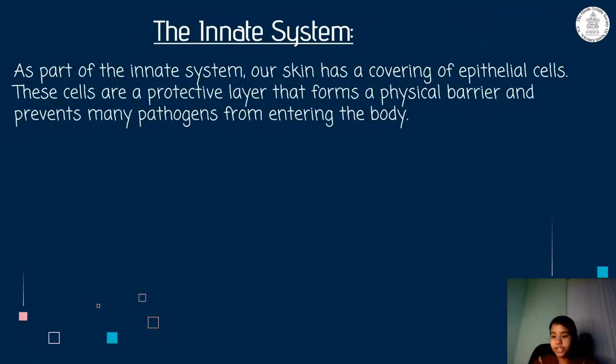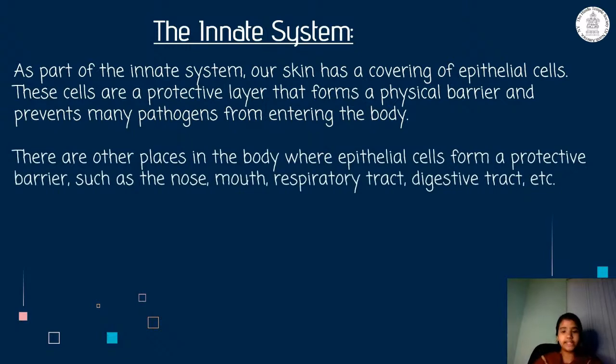So let us start with the first part, the innate system. The innate system is a part of our immune system, and our skin has a covering of epithelial cells that are part of this. These cells are a protective layer that forms a physical barrier and prevents many pathogens from entering the body.